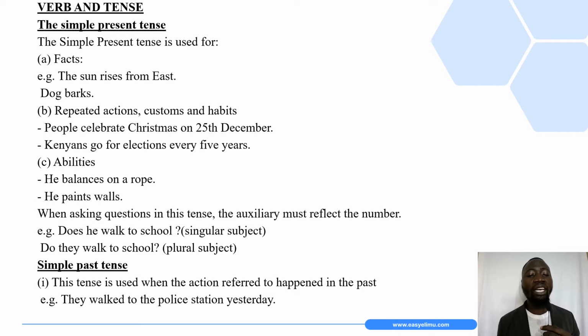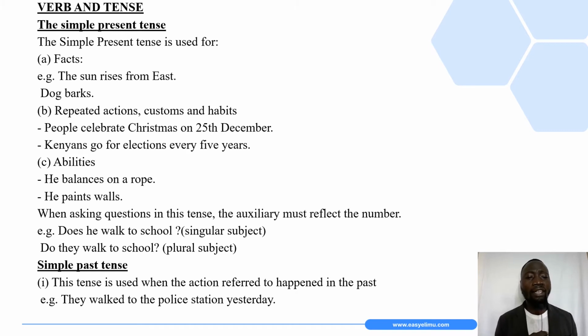Here we are talking about a singular subject, and therefore we use the singular auxiliary does. If we are talking about many students, then we ask the question with a plural auxiliary verb, because we now have a plural subject. For example, do they walk to school? So does changes to do in the plural form.